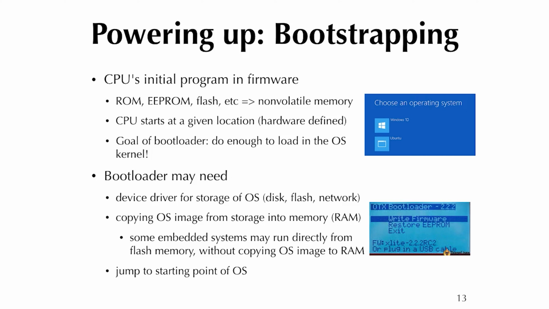Okay, so let's start from the beginning. So this is bootstrapping. I talked about the bootloader, right? On powering up, the CPU's initial programming firmware is the bootloader. You may have seen this case, or if you configure your Windows, do you want to start Ubuntu or Windows 10 or some other OS, Solaris, right?